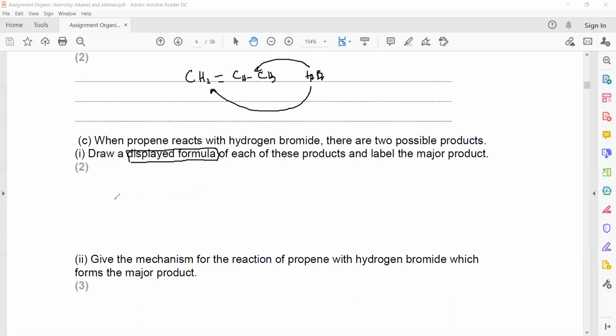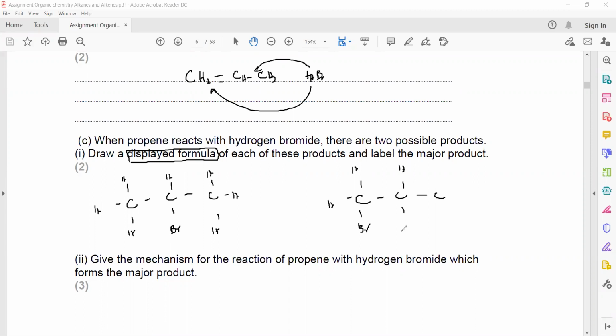Because in a displayed formula, we represent all of the bonds. So the first carbon may have hydrogen and the second carbon will have bromine. That's one possibility. Then the second possibility is the first carbon will have bromine and the second carbon will have hydrogen.